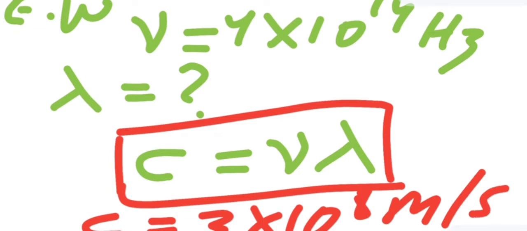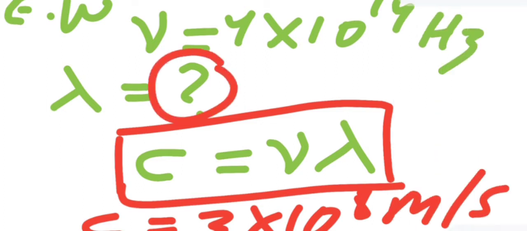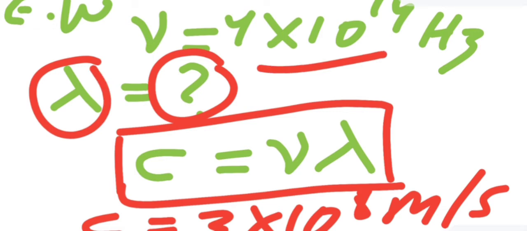The frequency is given, and the speed of light is also given.